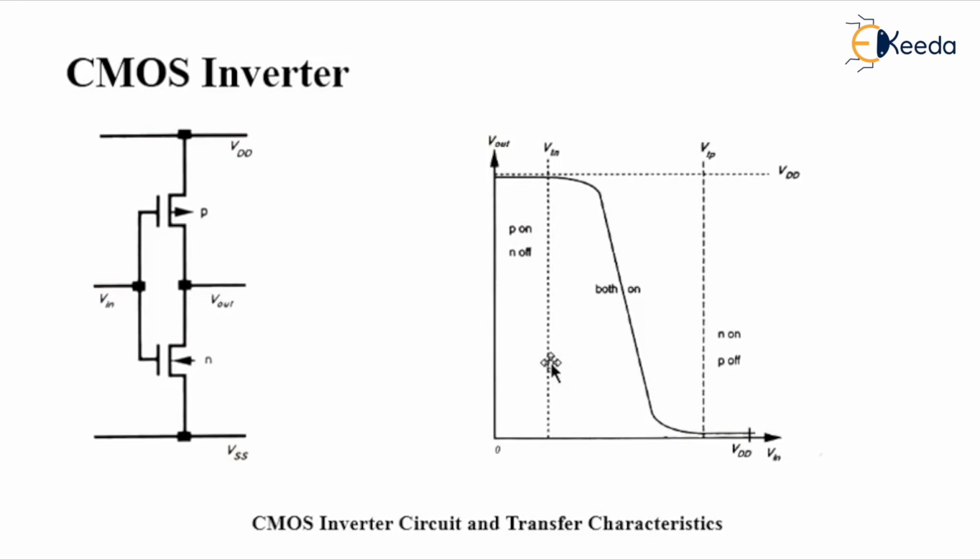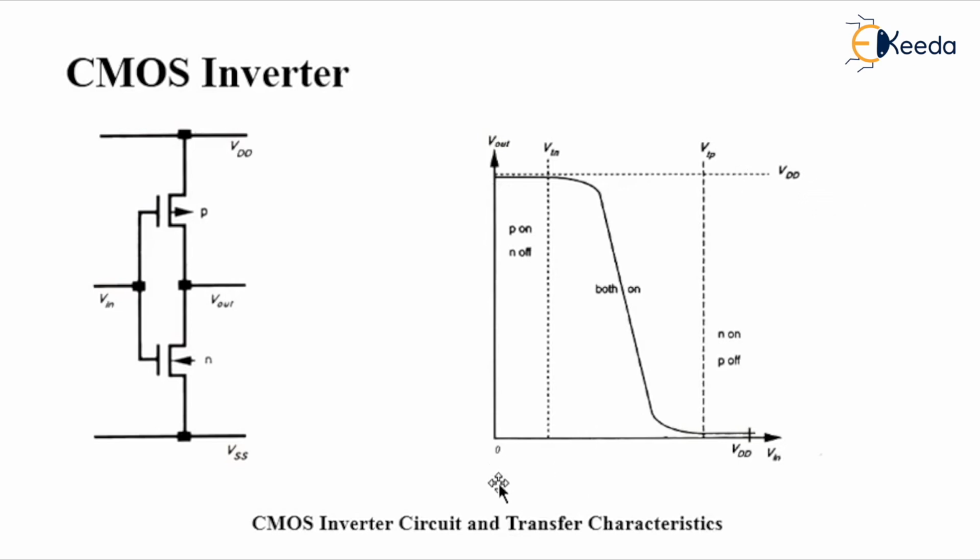If you see the picture of the transfer characteristics, the x-axis is the input and the y-axis is the output. When the input is 0, Vout is approximately equal to VDD. Is it clear to you?